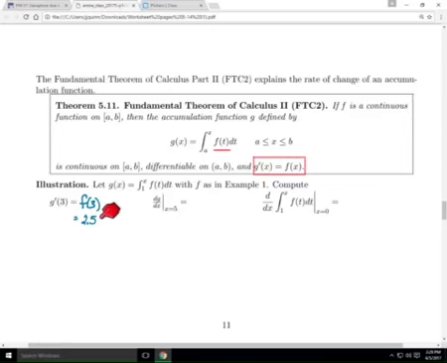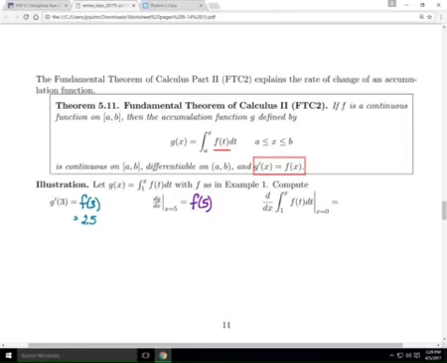There it is. Now, each one of these other problems is just a different way of asking for the derivative of the accumulation function evaluated at a particular point. Here, we're taking the derivative of the accumulation function and evaluating it at 5. The derivative is going to be f of 5.